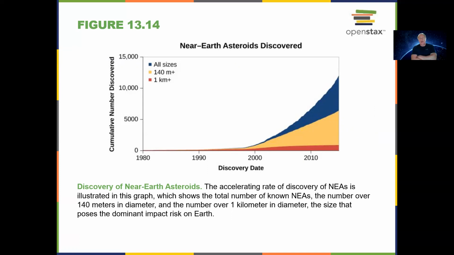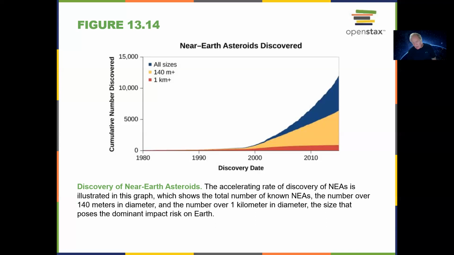So if we look at near-Earth asteroids, we see that the ones that are small, about a kilometer, we found since about the year 2000, and most of them have been found recently. The accelerating rate of discovery of these near-Earth asteroids is illustrated in the graph above.